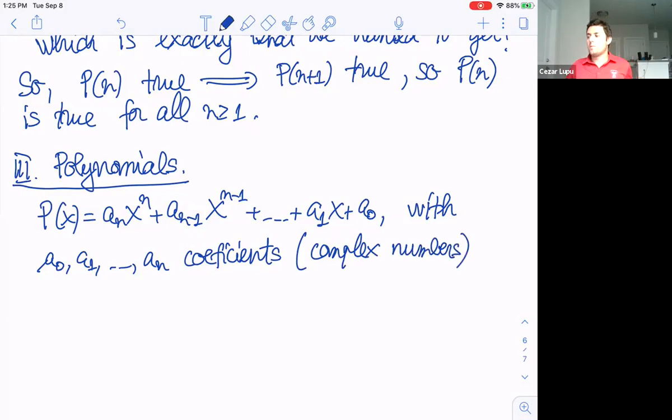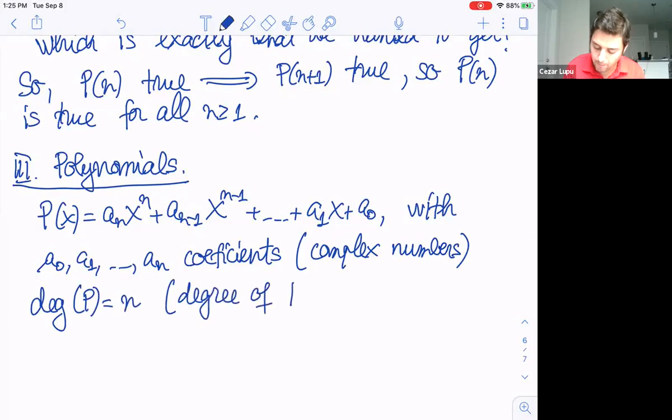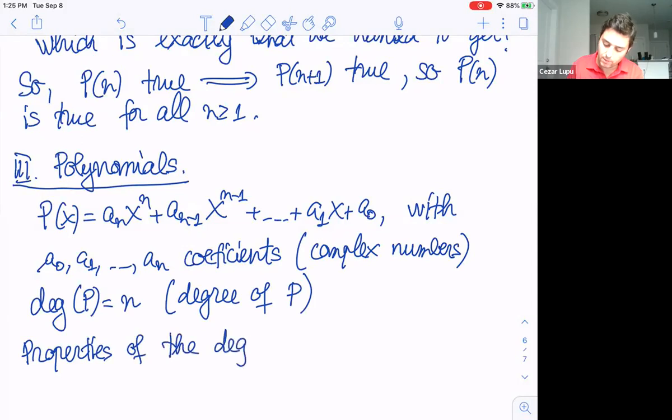And as you know, the degree of P is n. This is the degree of our polynomial P, right? There are some properties of the degree, and I would like to mention two of them, which are very, very important.